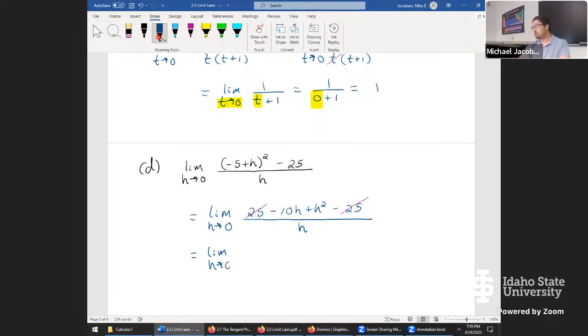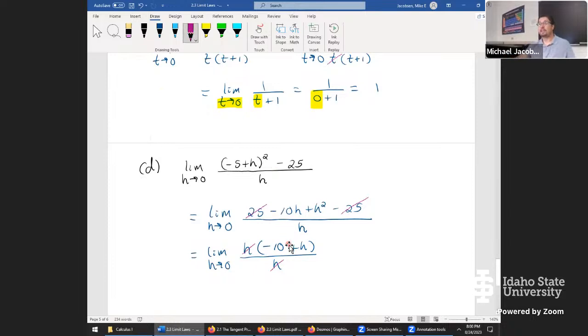Now limit as h goes to 0, and you can cancel by putting a slash here, here, and making this power 1. That's a really fast way to cancel. I'll do it just by factoring, just to show it a little bit differently. If I factor out an h, this is what it would look like in the numerator. The denominator is just h itself. And so there's that next cancellation.